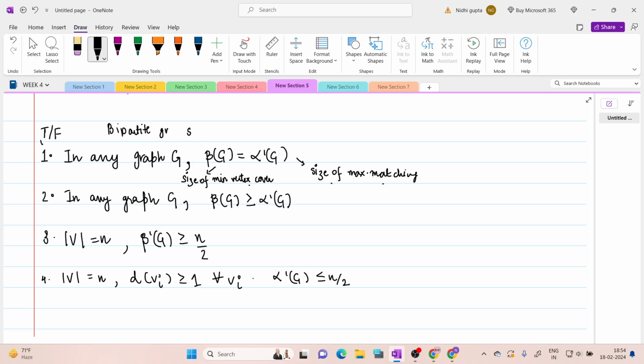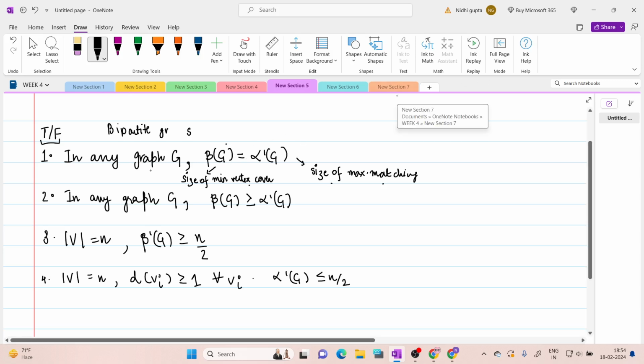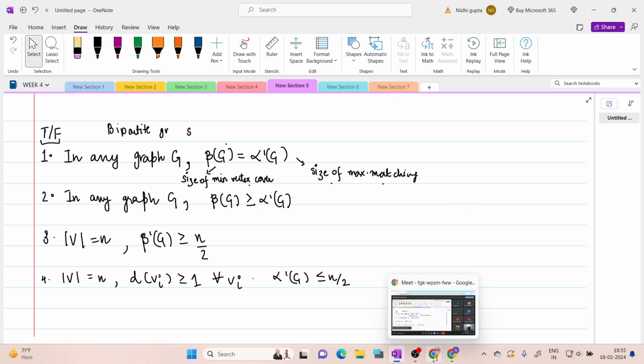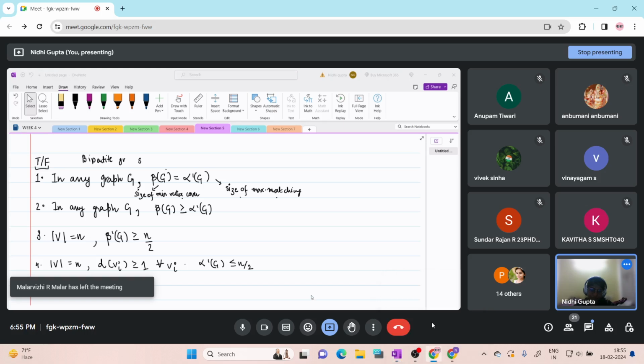Now the first question: it is true for bipartite graphs, we know that, but is it true for any simple graph G also, non-bipartite graphs also, that the size of the minimum vertex cover equals the size of the maximum matching? What do you think? Is it true or false?